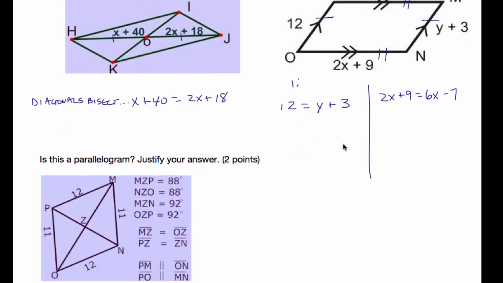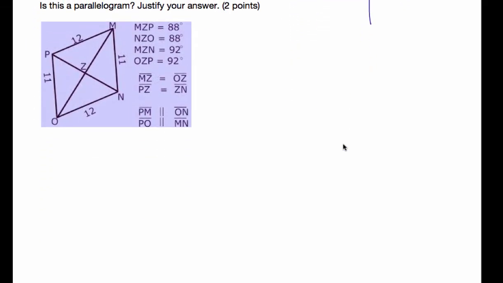Okay. Down here, is it a parallelogram? Well, a lot of different things go into it, but first of all, opposite sides are congruent, so we can mark it kind of this way. Well, that also means that this is true.